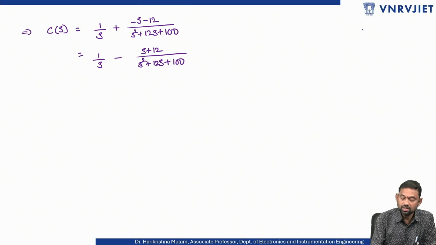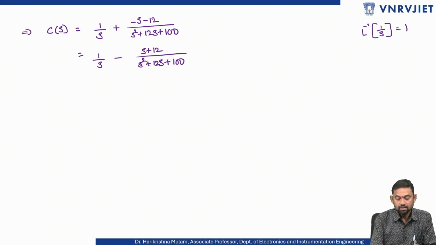But we know that inverse Laplace transform of 1 by s is equal to 1. But for this s plus 12 by s square plus 12s plus 100, there is no direct inverse Laplace transform formula. Therefore, you need to rearrange this expression so that you can use some standard inverse Laplace transform formulas.